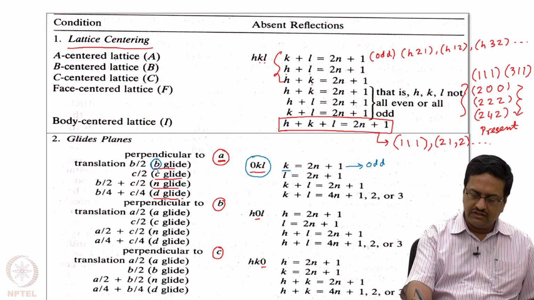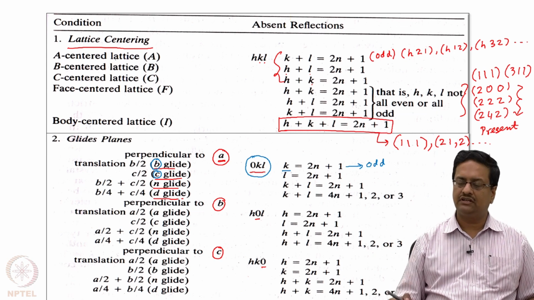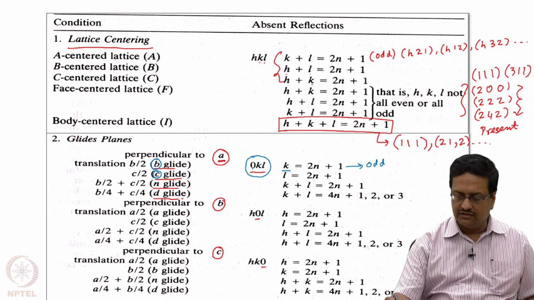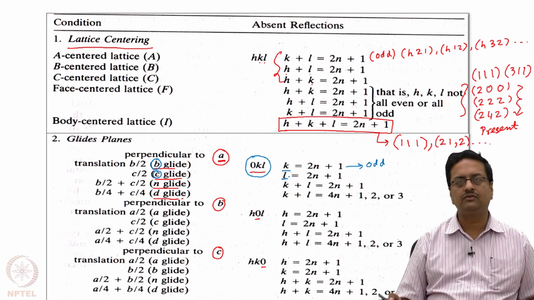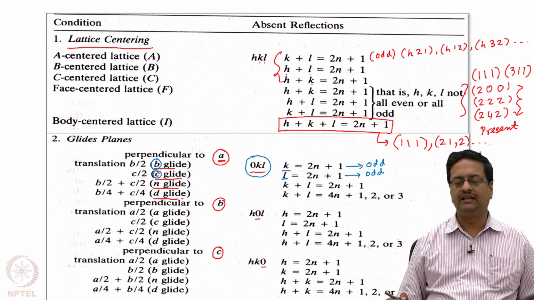In the same manner, when it is a C glide, which means we are talking about a translation along C, immediately the set of 0KL reflections with L equal to 2n plus 1, so n equal to odd, becomes systematically absent.